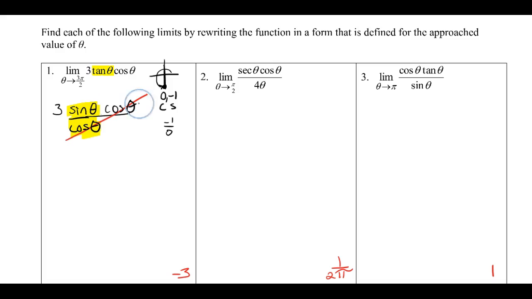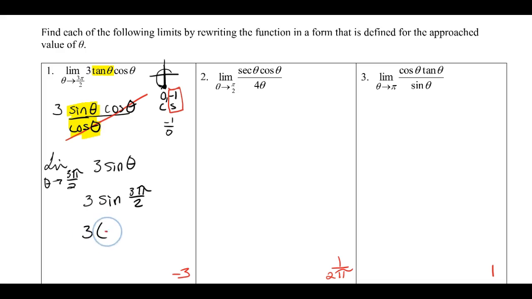Once I cancel my cosines, now I have the limit as theta approaches 3 pi over 2 of 3 sine theta. And sine of 3 pi over 2 is -1. So 3 times -1 equals -3.